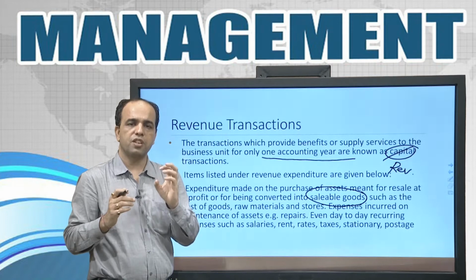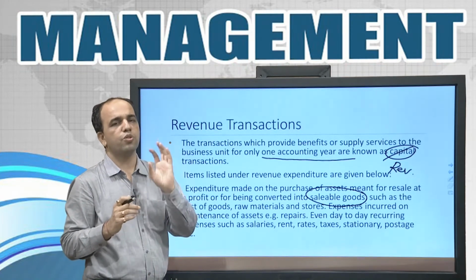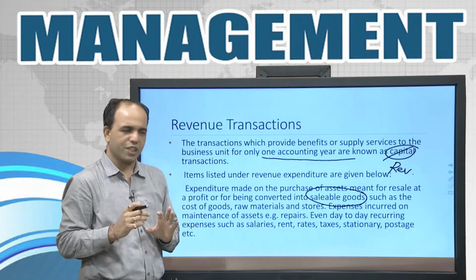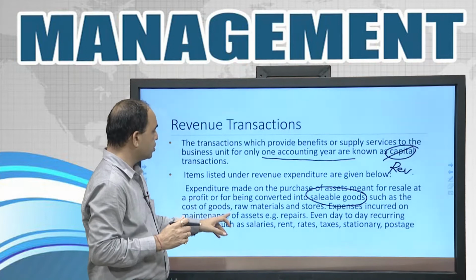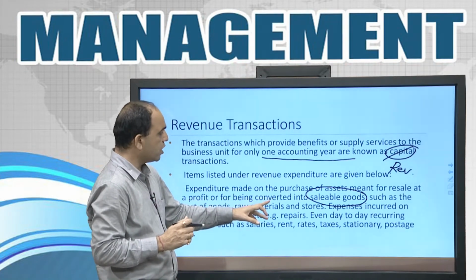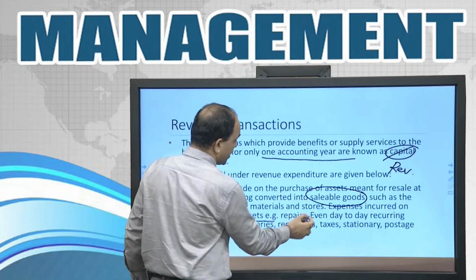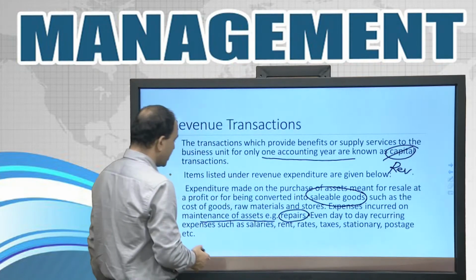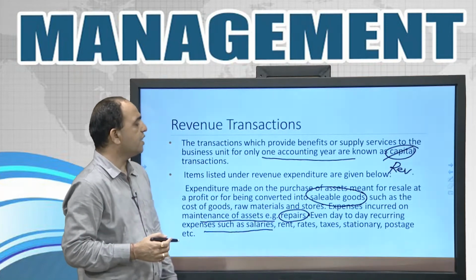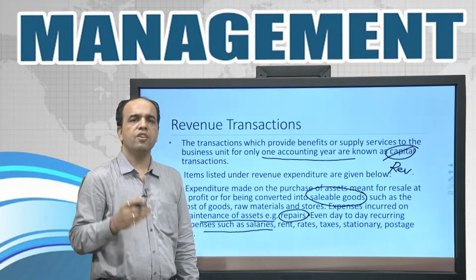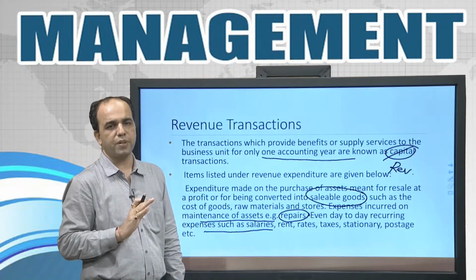For a furniture businessman, furniture is considered as goods, so it may be considered as a revenue expenditure. So sellable goods such as the cost of goods, raw materials, and expenses incurred on maintenance of such assets, for example repairing, even day-to-day recurring expenses such as salaries, rent, rates, taxes, stationery, postage, which are for less than 1 year, are considered as revenue expenditure.